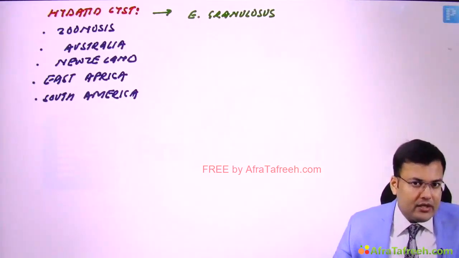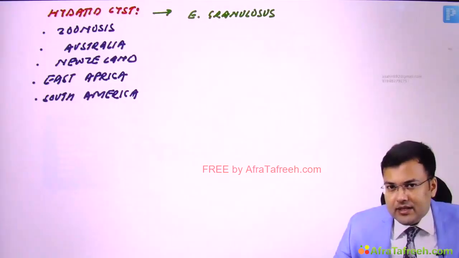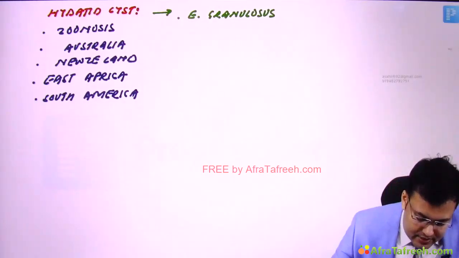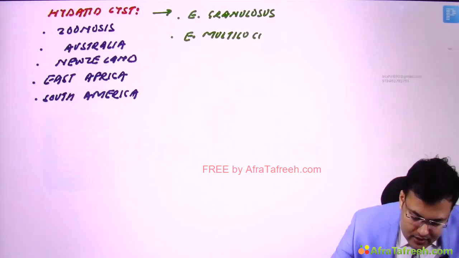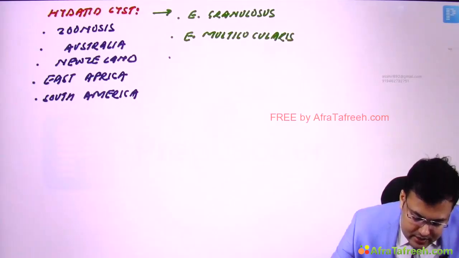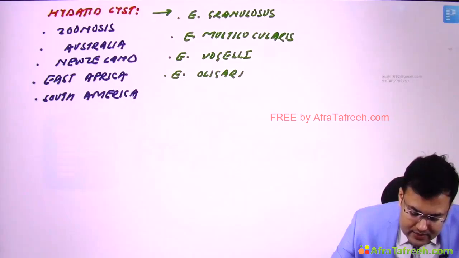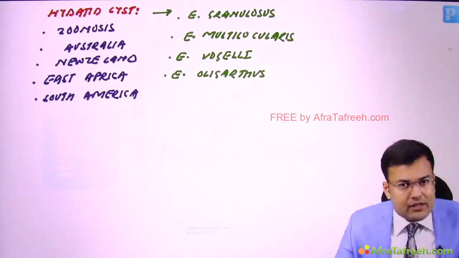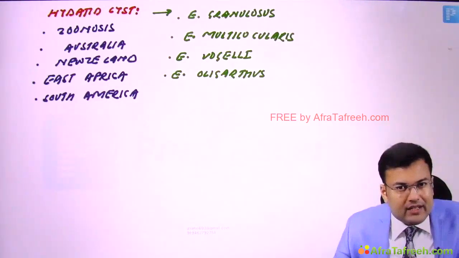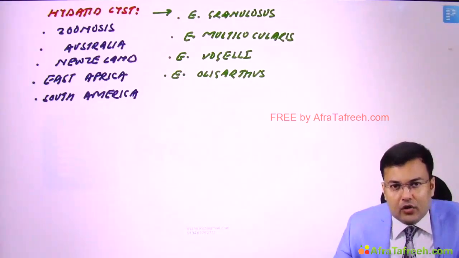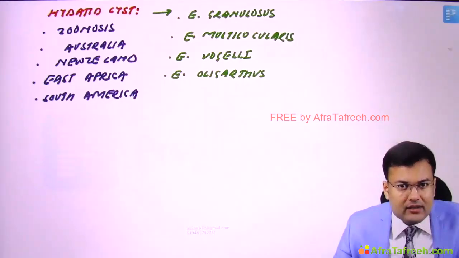Apart from Echinococcus granulosus, there are 3 other species which are going to infect human beings. Second is Echinococcus multilocularis. Third is Echinococcus vogeli, and fourth is Echinococcus oligarthus. Clear? The question was asked in NEET. The question was that malignant hydatidosis is caused by which of the following organisms, and these were the 4 options: granulosus, multilocularis, vogeli, oligarthus.